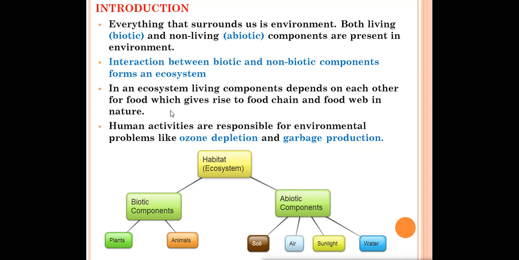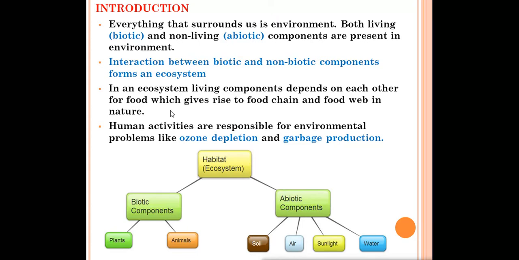So what happens in an ecosystem? Plants are present, animals are present. All the living organisms will depend on each other for food. For example, plants will produce the food. The herbivore animals, which eat only the plants, will depend on the plants for their food, right? And next, the carnivore animals will eat the herbivore animals. Like this they will form a chain, and that chain is called food chain.